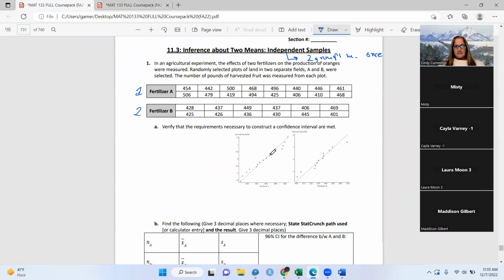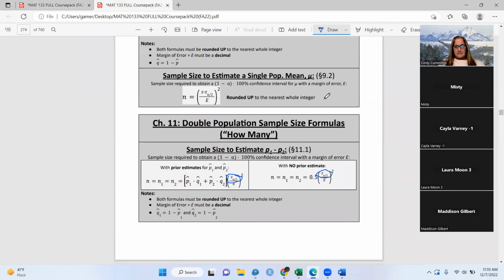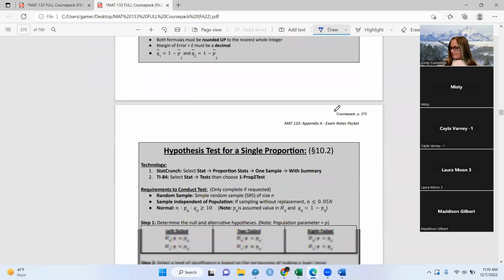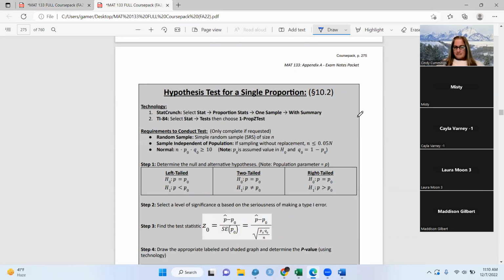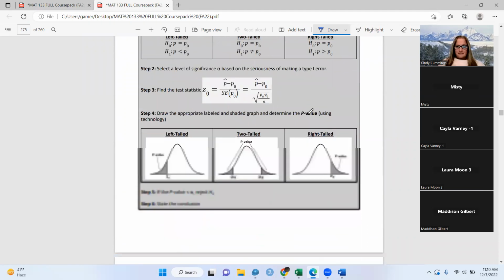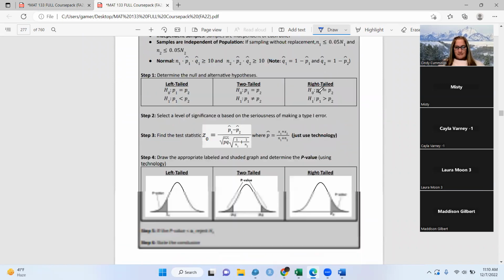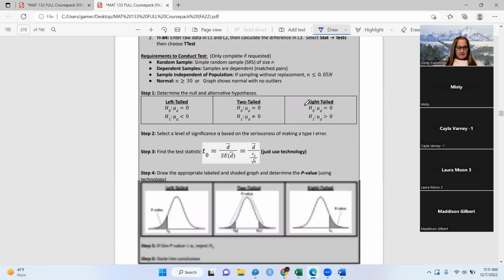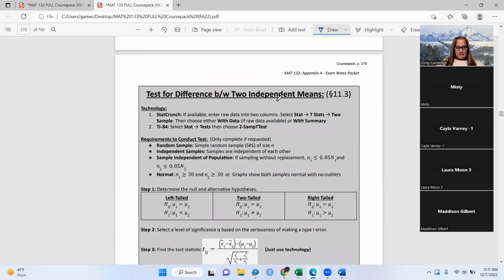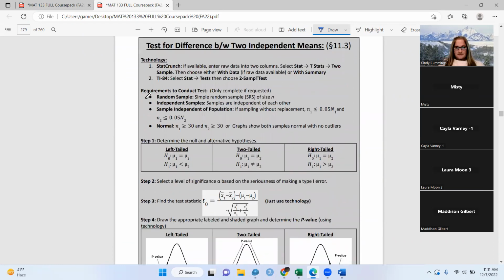Awesome. So verify the requirements. Let's go figure out where the verify requirements stuff is. It's not a single proportion, so we can't use that. It's not a single mean. We can't use that one. It's not independent proportions. It's not matched pairs differences. It's independent means.